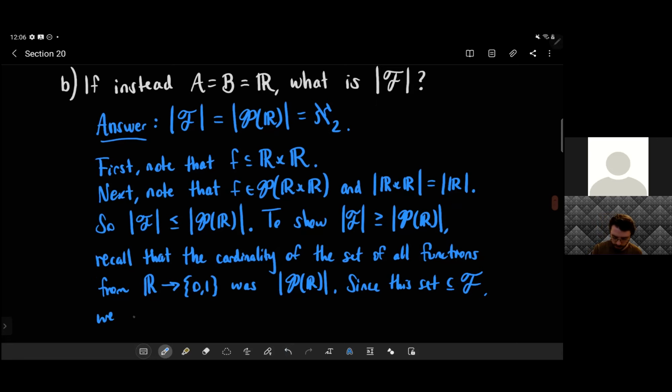We get cardinality of the power set of R less than or equal to cardinality of F, which is just writing this in reverse. So that gets us what we want. Again, probably on the hard side, but fun to see.